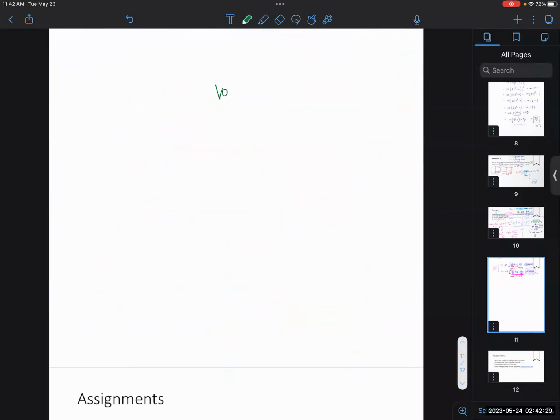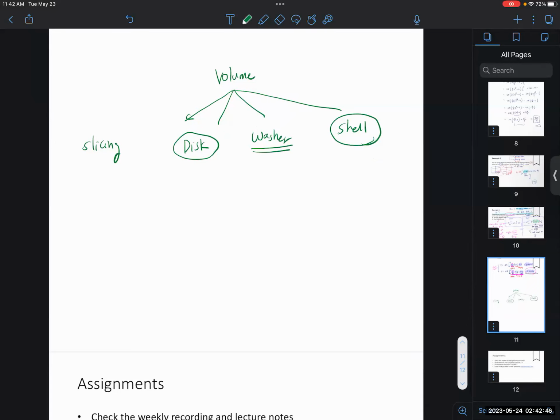To find the volume, you have a couple of methods: slicing method, disk method, washer method, and shell method. Disk and shell have many commonalities. Washer needs two functions, so that's not a common thing. You can use the disk method if there is no new radius and no new height, because the cross-sectional image gives you the same radius and the same height.